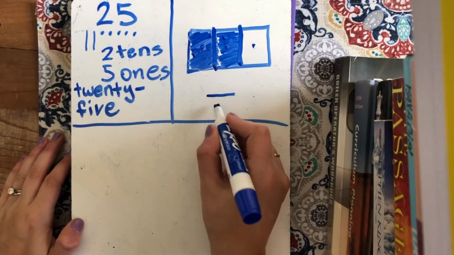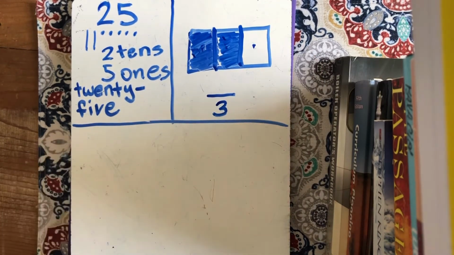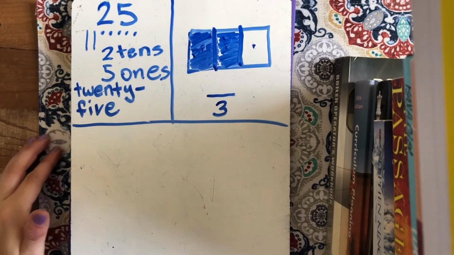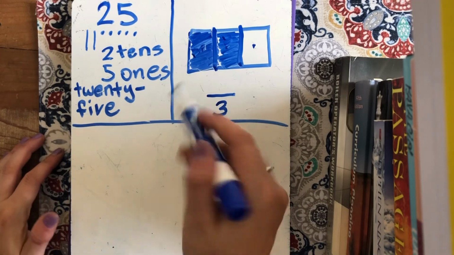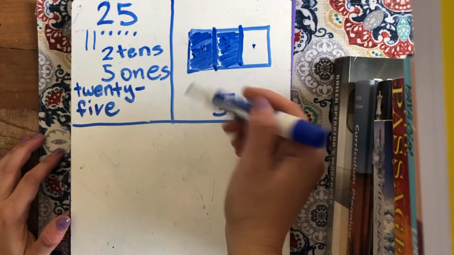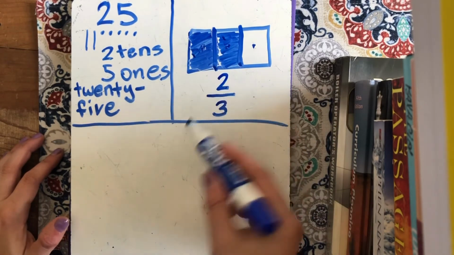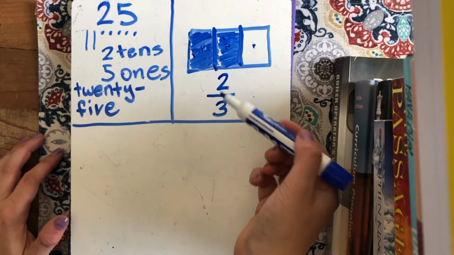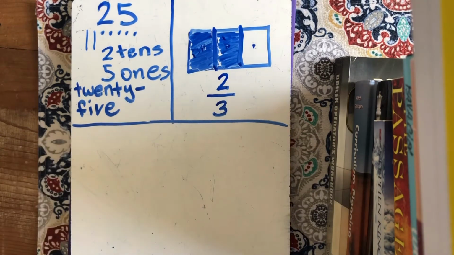So we have 3 pieces. 3 will go on the bottom. How many pieces are shaded in? Let's count together. 1, 2. These are the 2 pieces that are shaded in. So on the top, we have a 2, making our fraction 2/3. Everybody say 2/3. Good job.